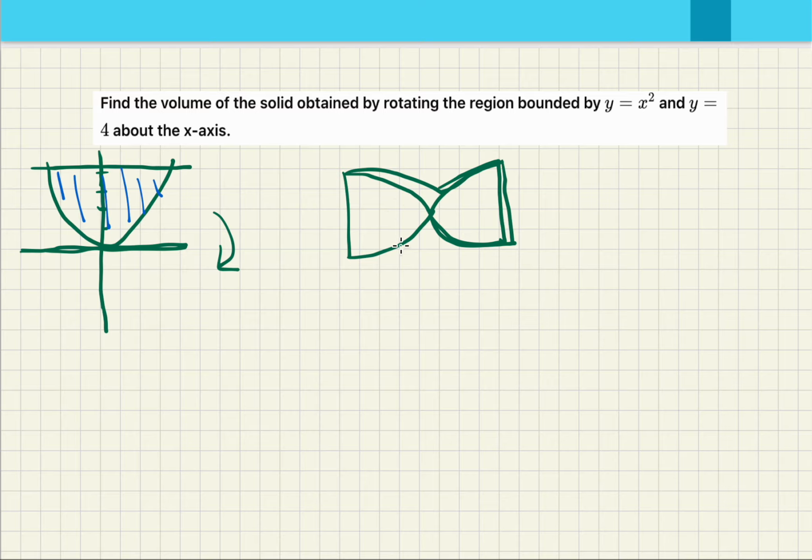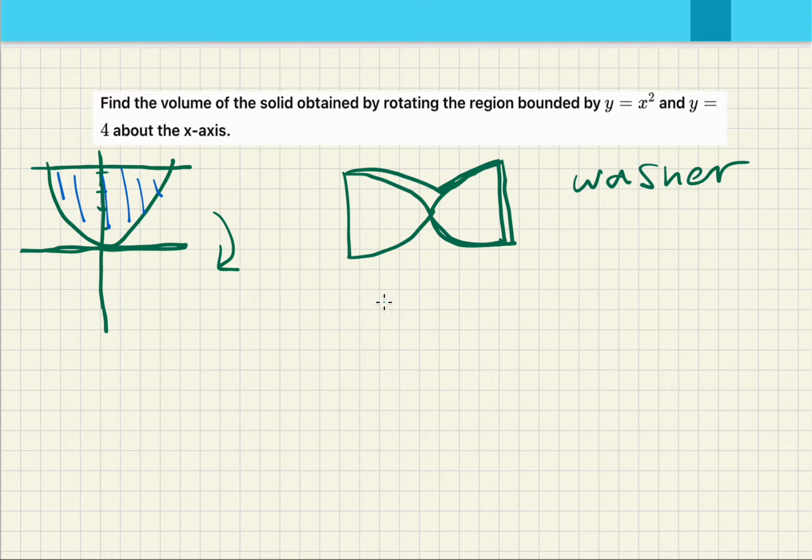If you can pour a liquid inside the solid, that's a good indication that it's going to be a hollow 3D figure. So in this case, it's obvious that if we pour a liquid inside, it will stay there. And so since we have this hourglass type of shape, we know that we need to use the washer method here.